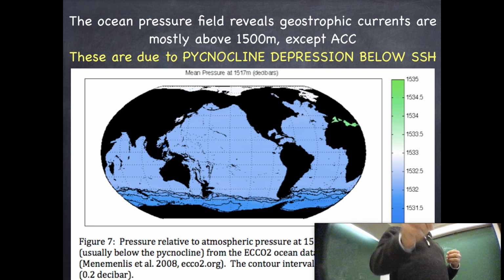So that means that in between that surface and below, there had to be horizontal density gradients in order to have the thermal wind cancel out whatever velocities there were at the top before you got to the bottom.